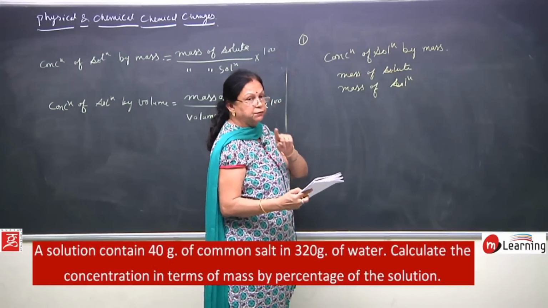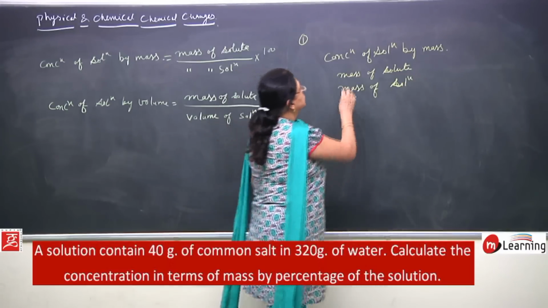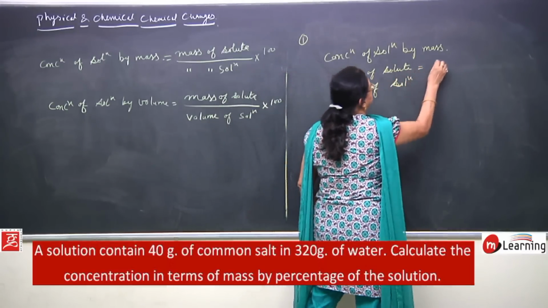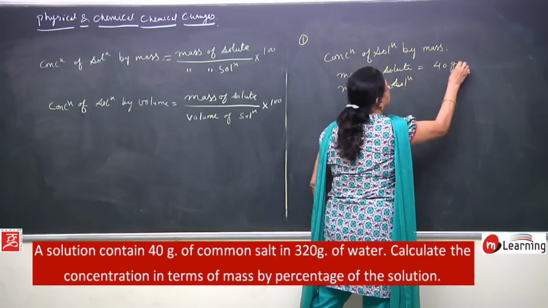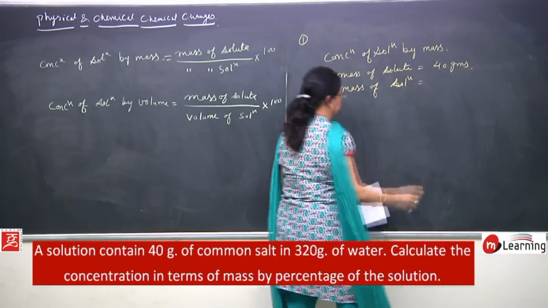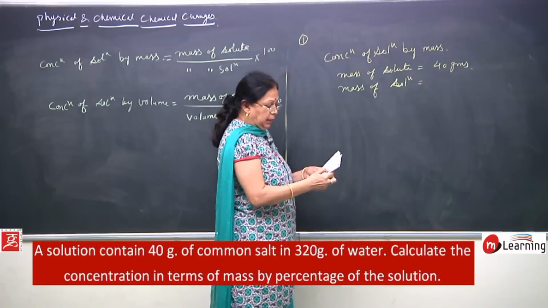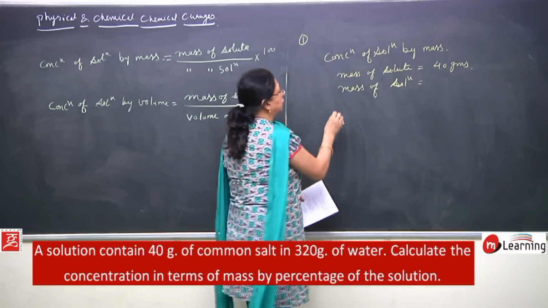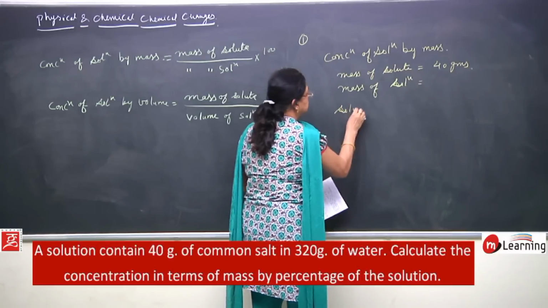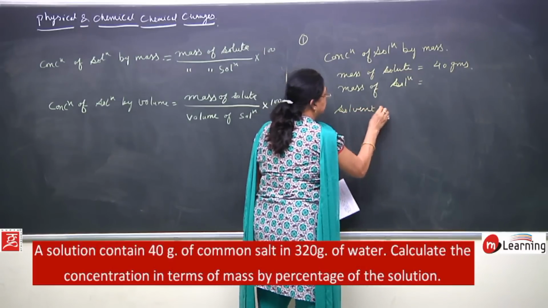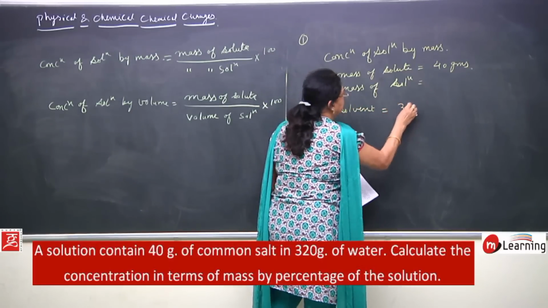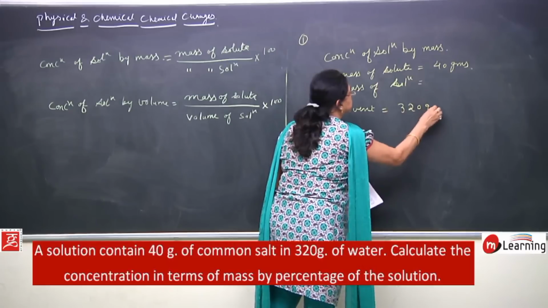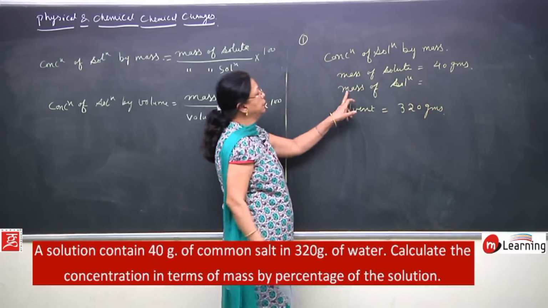Here what is given? A solution contains 40 grams of common salt. So, mass of solute will be 40 grams of common salt in 320 grams of water. Solvent is equal to 320 grams. Here, what do you want?